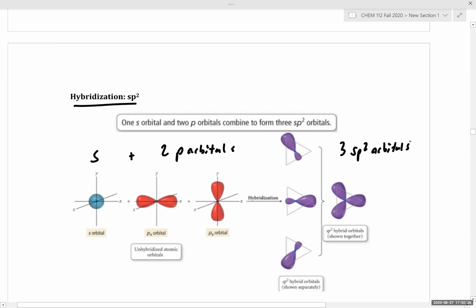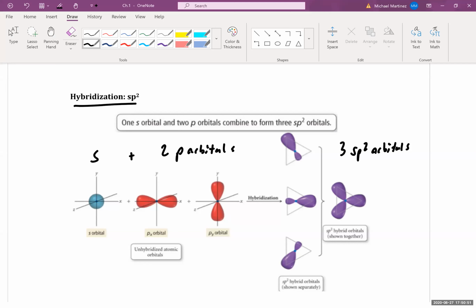Now, one thing that immediately should stick out to you is that the geometry of these sp2 orbitals is different, right? Does everyone notice how the direction that these sp2 orbitals are arranged in is different? And that stems from the fact that we only have 2 p orbitals this time, and as a result, our average orientation is going to be different.